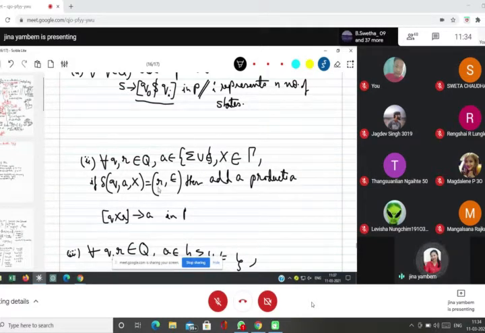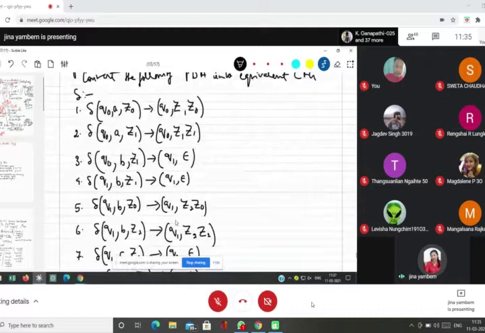This is Q, and this is terminal capital X, and this is the next state R. From Q we are moving to R, and whatever stack symbol the stack pointer is pointing to, capital X right now, it's popping this out. If you find a transition function of this format in the given PDA, then add a production rule of this format: QXR replaceable by terminal A.